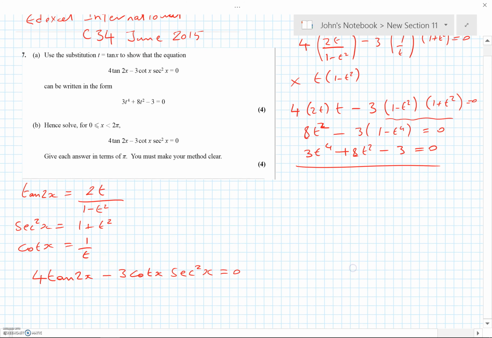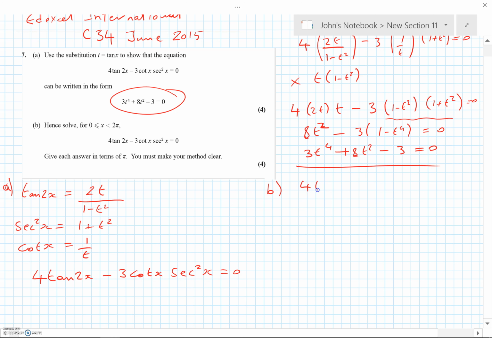Now there's the part B. Sometimes when you're using part A in part B in these types of questions, they disguise it a little bit, but there's no disguising what's going on here. I suppose maybe they think we've got enough on our plate dealing with that, but it really should be fine.